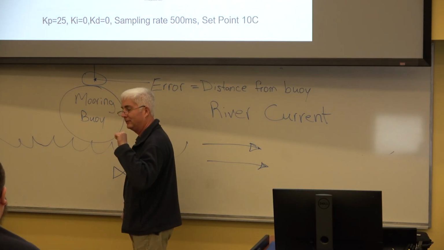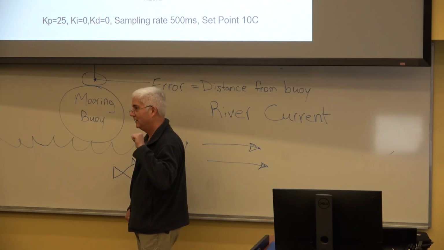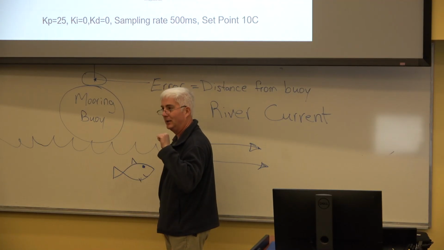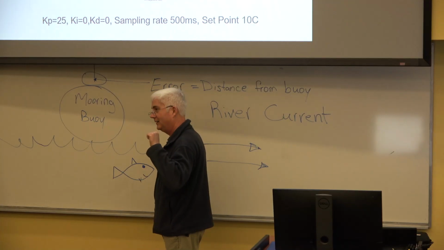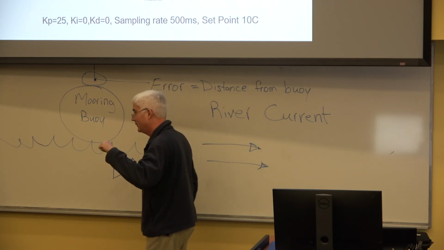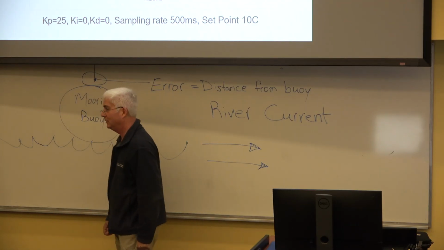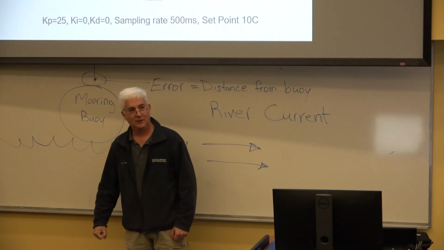And if I'm too heavy-handed, I go back, and I'm out in front of my mooring buoy. And now I gotta go, oh, stop. All right, my error is positive, add some more throttle. Add some more throttle.